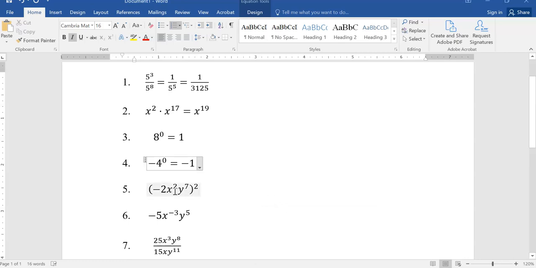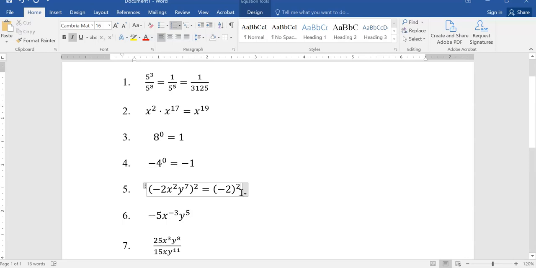The next problem here, we have negative 2x squared y to the 7th, all raised to a power of 2. So this is the power to power rule. Now be careful when you raise that negative 2 to the second power. Make sure when you type this in on your calculator, you put the negative 2 in parentheses because that negative is on the inside, unlike number 4 here.